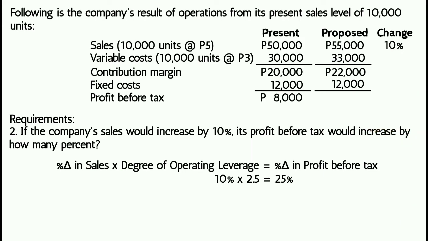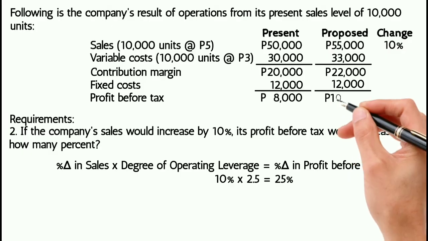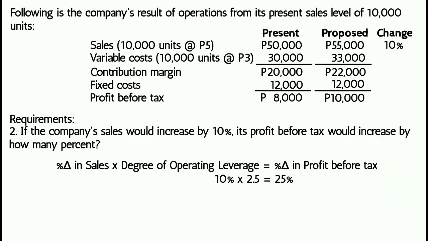Ang present profit ay 8,000 pesos at ang proposed profit ay 10,000 pesos. 20,000 pesos minus 12,000 pesos, that is equal to 8,000 pesos. 22,000 pesos minus 12,000 pesos, that is equal to 10,000 pesos.